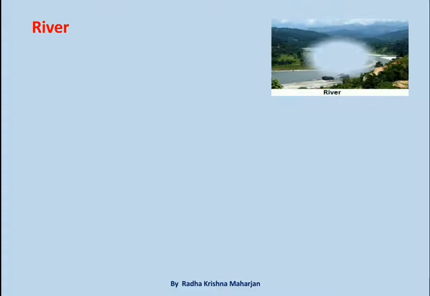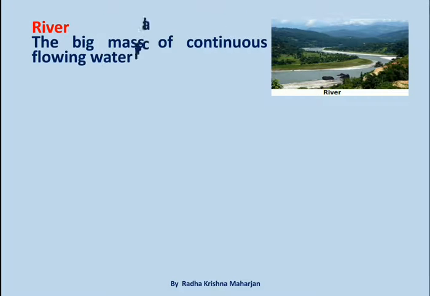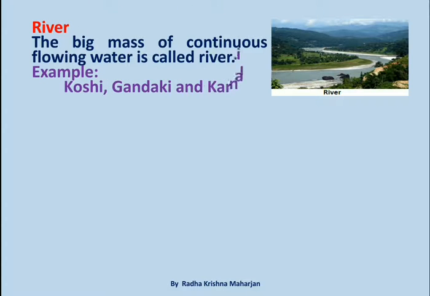River. The big mass of continuous flowing water is called river. Example, Kosi, Gandaki, and Karnali.